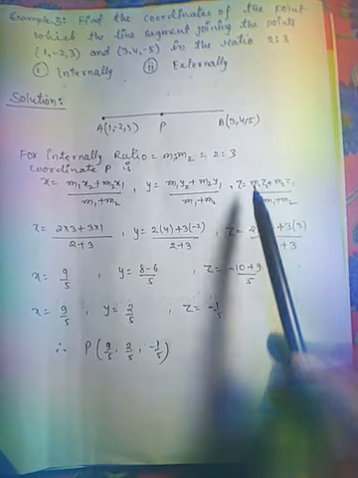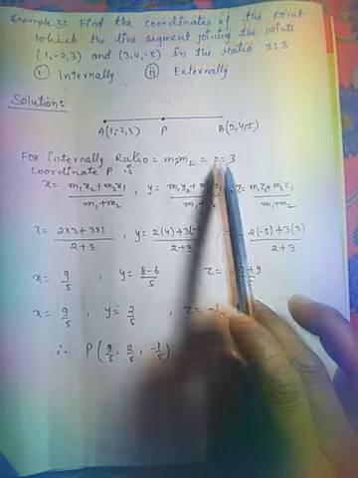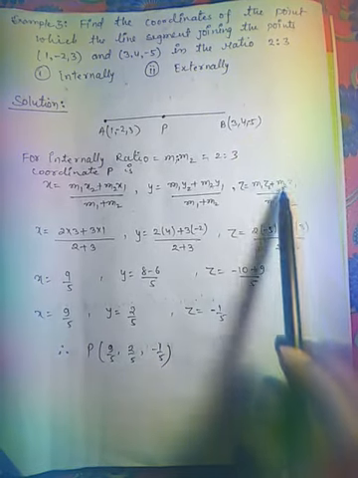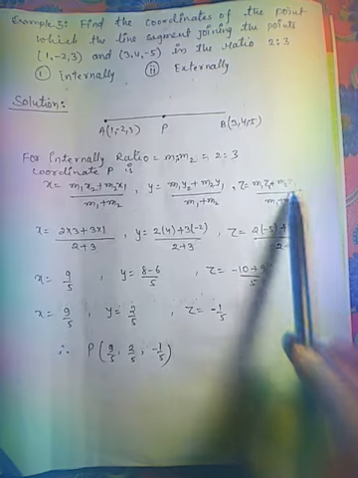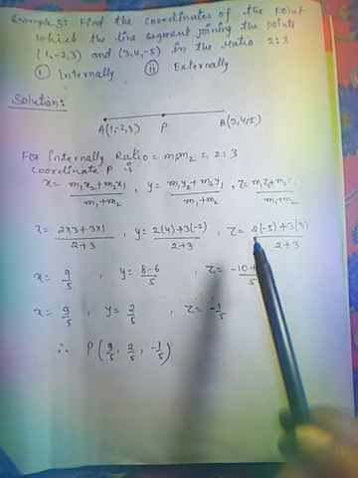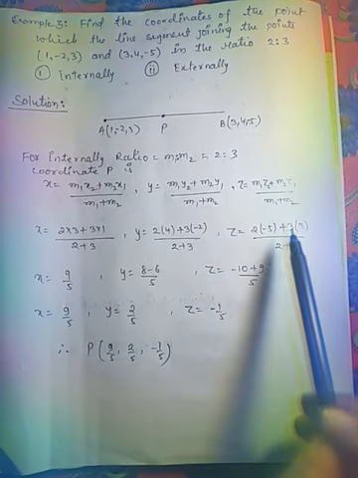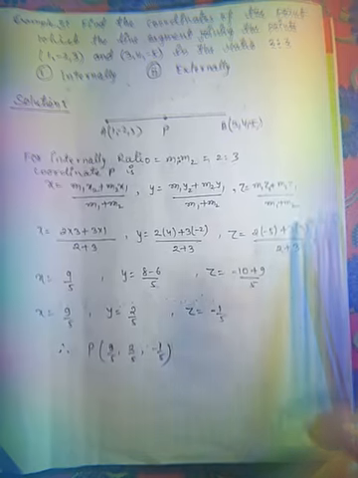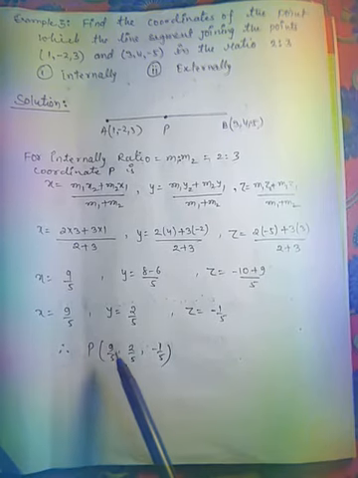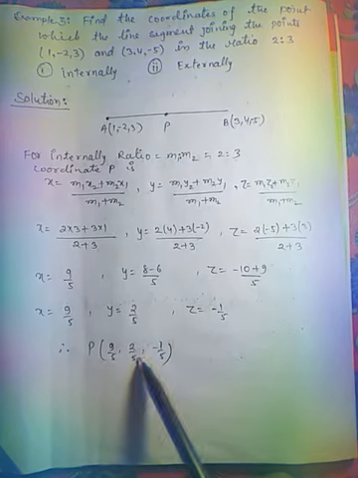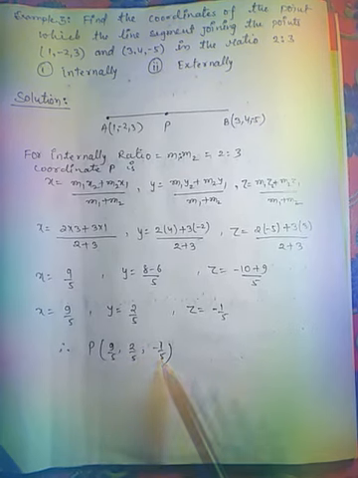For z, m1 is 2, z2 is minus 5, m2 is 3 and z1 is 3, so z is (2 into minus 5 plus 3 into 3) by (2 plus 3). Hence after solving, P is (9 by 5, 2 by 5, minus 1 by 5).